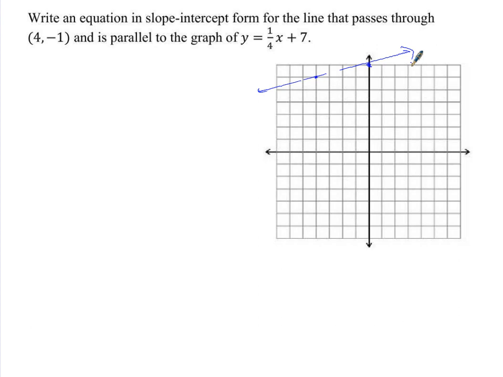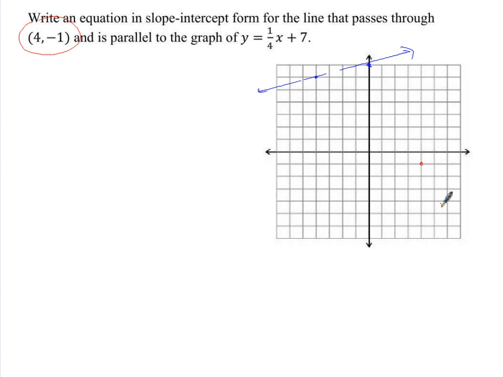Now the line that I'm supposed to graph has to be parallel to that line, and it has to go through what point? It has to go through what ordered pair? (4, -1). This point right here.